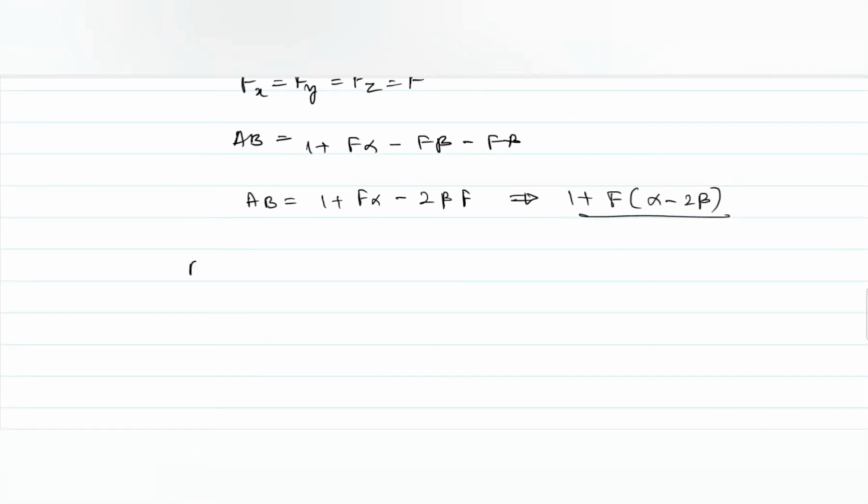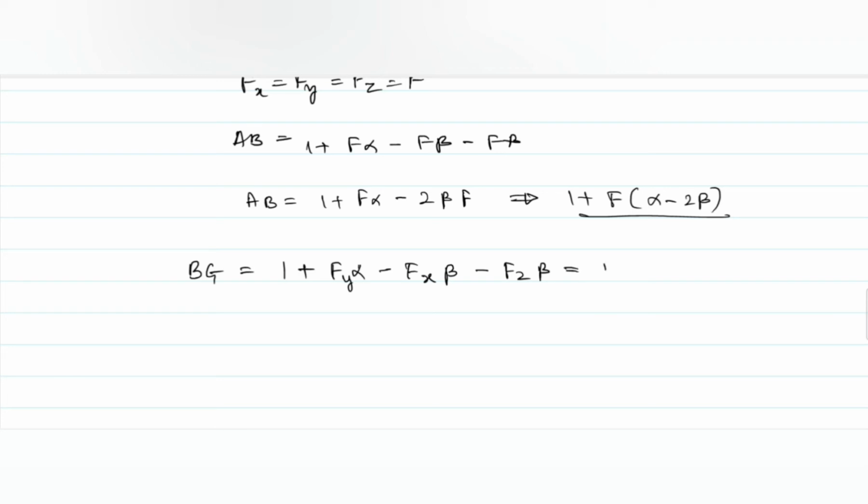So now we will take the second one, that is BG. Already we have 1 unit of length, and what will happen if you stretch BG, or apply the force on BG? Then you will get f of y alpha, the elongation will take place, minus, in which direction will the contraction be produced, f of z into beta, or you can take x here, f of x into beta minus f of z into beta, similar.